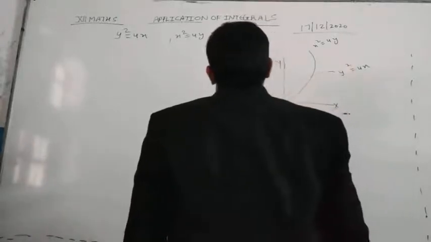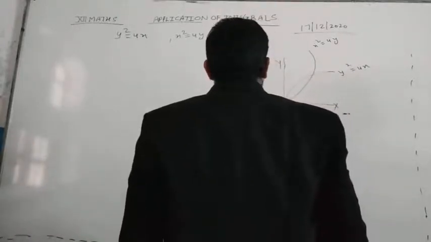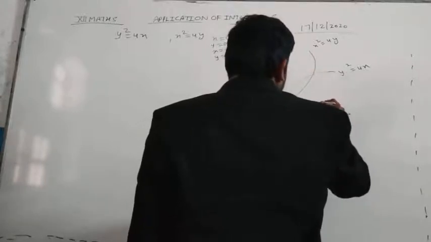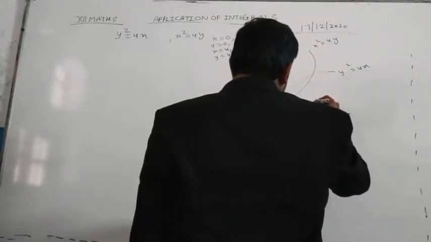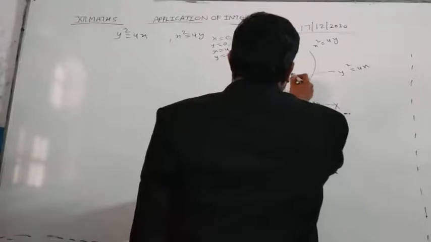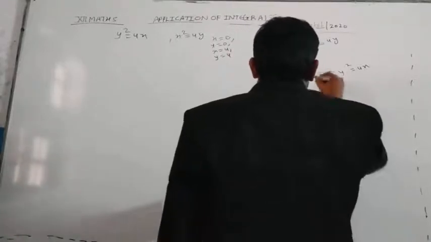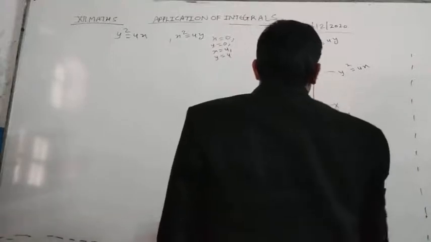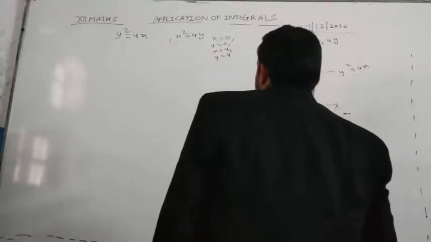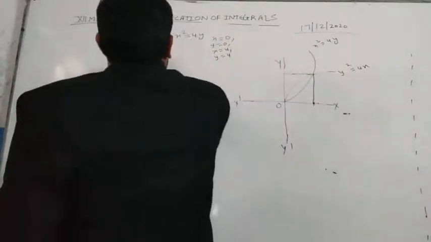X is equal to 4 means at the point 4 this is, okay, and y is equal to 4 means this is, okay, and the intersection point of these two curves will be what?